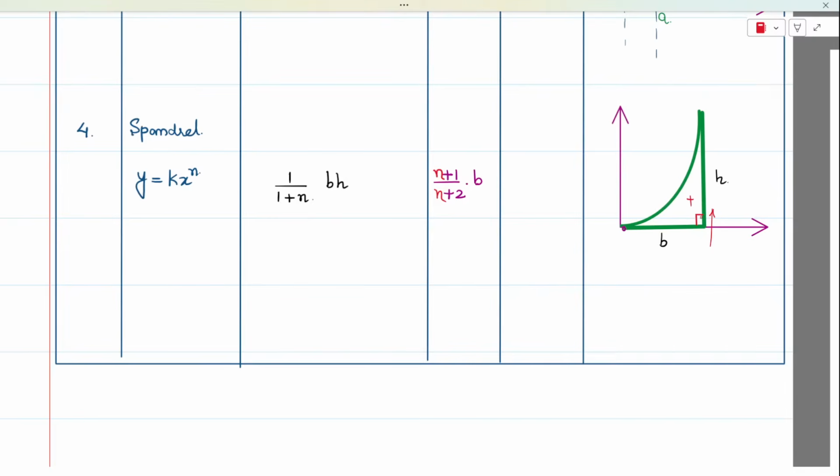If we are going from the right angle edge, then it has to be 1/3 of height. So 1/3 of height could be written as 1 by 1 plus 2 into height. So this one will be replaced with n. That's how you can write the centroidal coordinates.